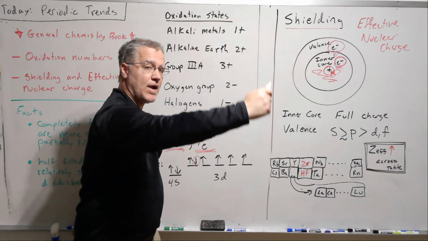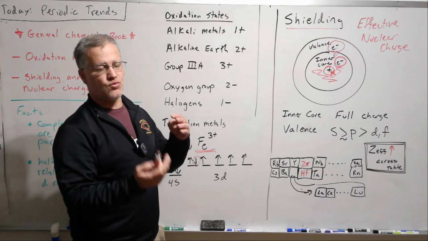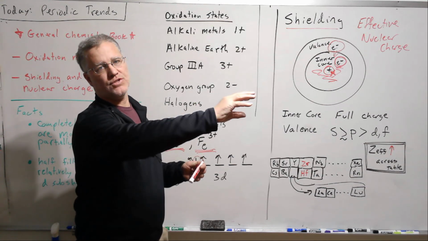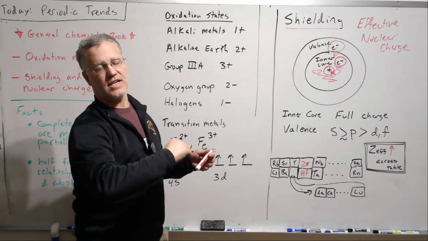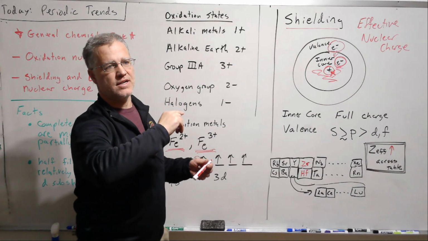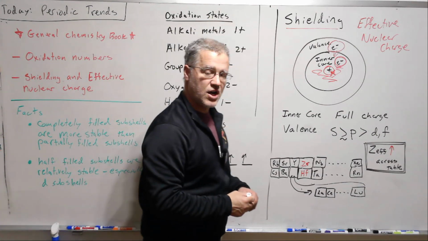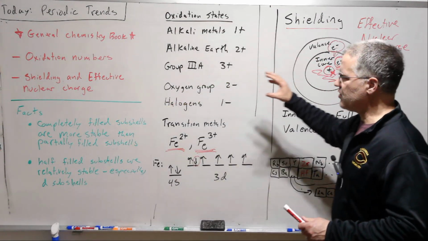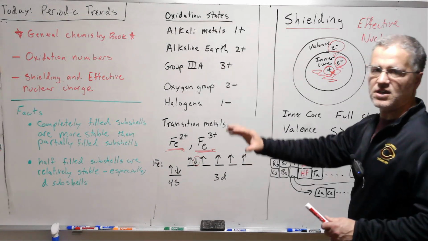Now, when we wrap around again to get to the next row on the periodic table, now all of those electrons become inner core electrons, and then it starts all over again. So there's a periodicity in the effective nuclear charge. Increasing effective nuclear charge, then it starts over at 1, increases, starts over at 1.